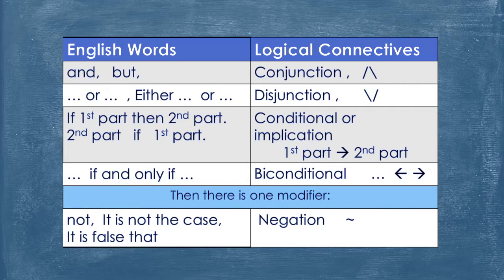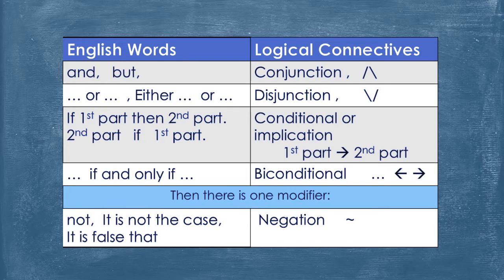The next type of statement is the conditional or implication. And with that, there's always a first part implying a second part. Now, many times the first part comes first, thus the name, but it's generally the phrase that follows the if. Then, after the then, is the second part.